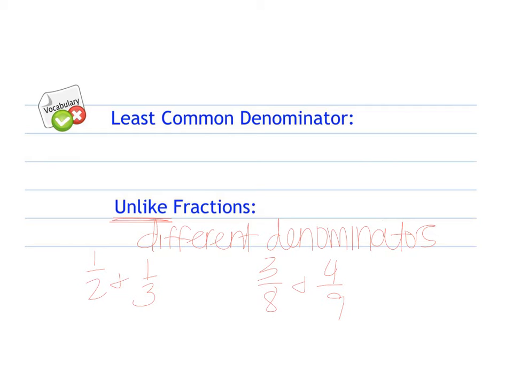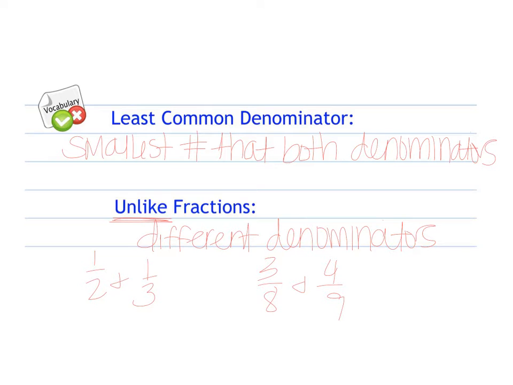The least common denominator would be the smallest number that both denominators can go into.